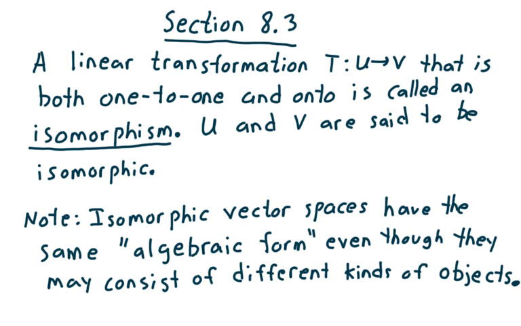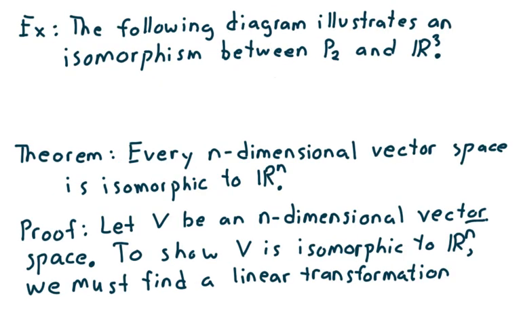Okay, let's take a look at an example. The following diagram illustrates an isomorphism between P2 and R3. And remember, P2 is the set of all polynomials of degree less than or equal to 2.